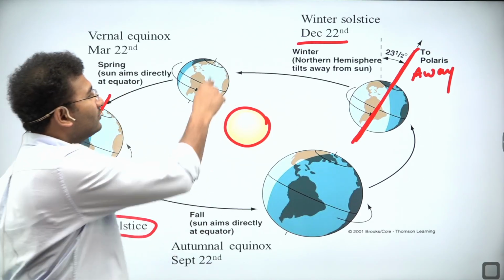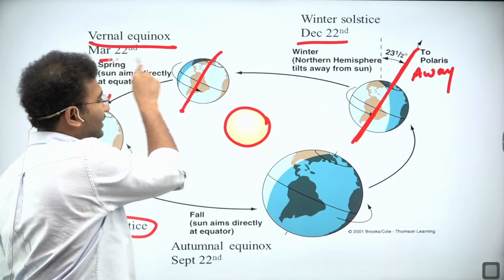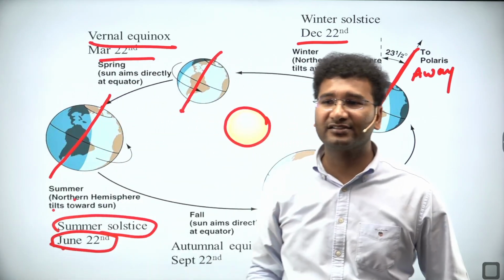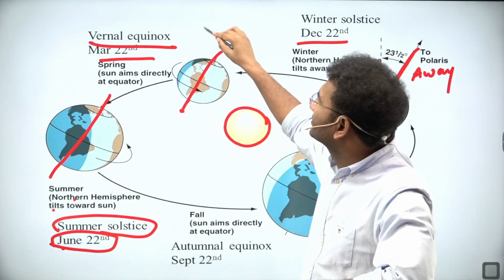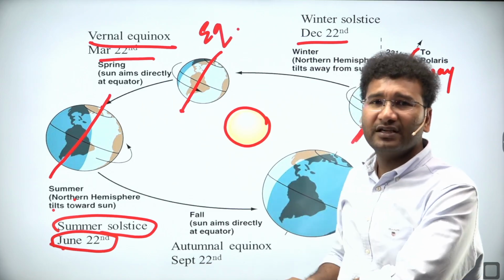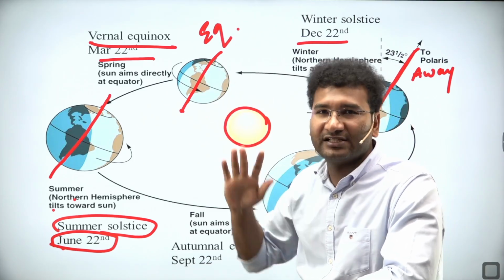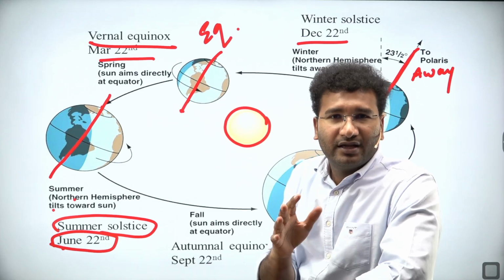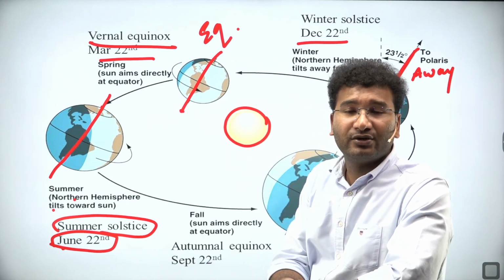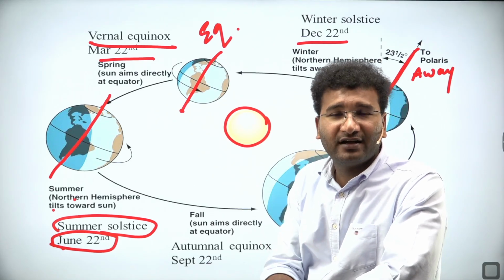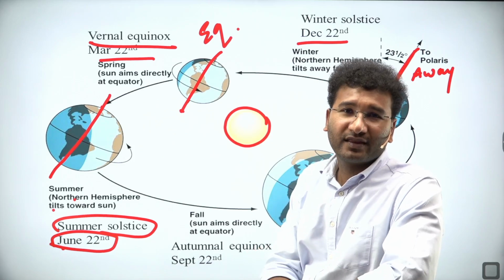But in the month of March, March 22nd is called the equinox, because equal length of day and night will be there at the North Pole and the South Pole as well. Even at your place, you will see 12 hours of sunlight and 12 hours of darkness, right?